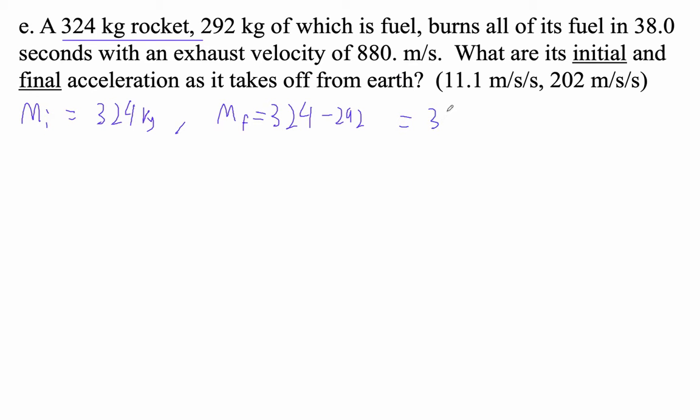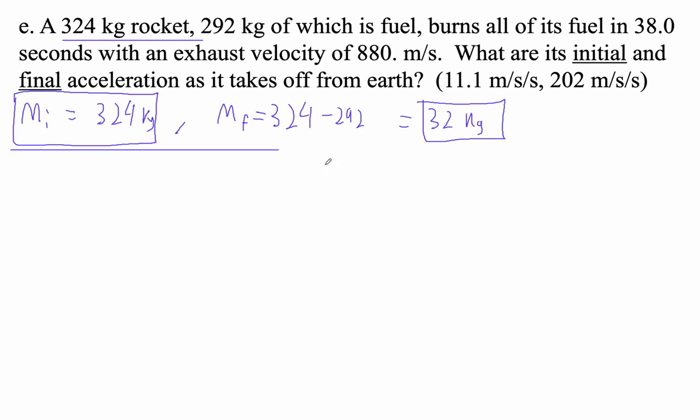So the final mass, as the last molecule of propellant leaves the exhaust, is going to be 32, okay? Assuming that the thrust doesn't drop before it does that, assuming the engines don't actually warm up like they actually do. This is a simplified version, okay? We can do this. So that is our first step, right? Figure out the initial and final mass.